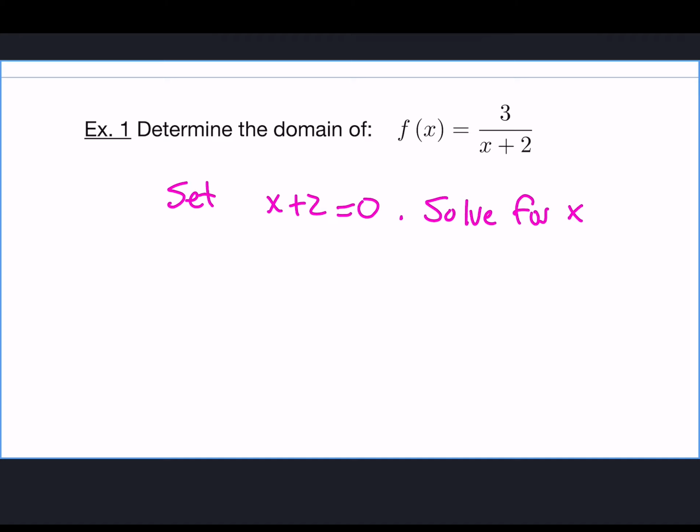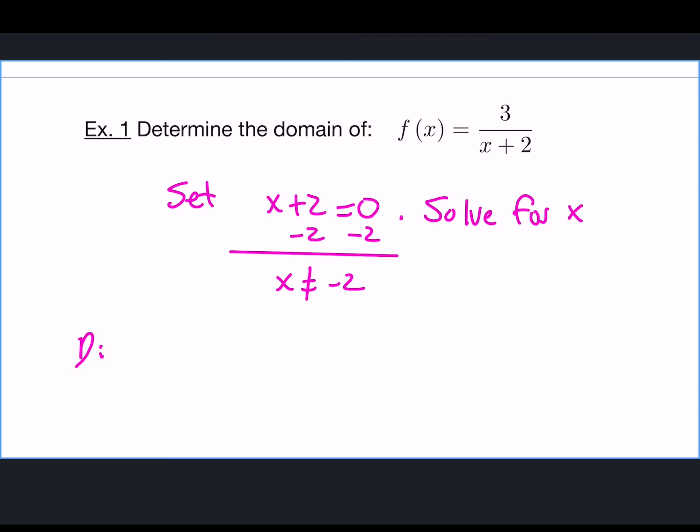Okay, so how do we solve this new equation for x? Subtract 2 from both sides. So x would have to equal -2. So that's being excluded. That's the only thing that cannot be in our domain.